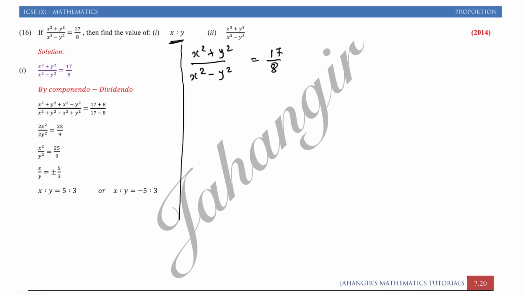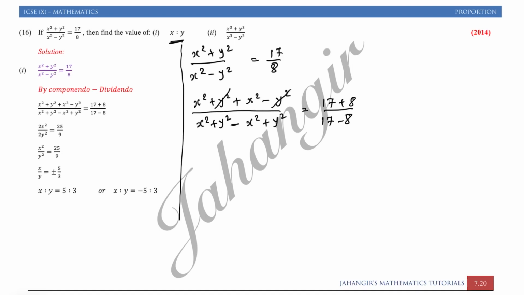I will take componendo dividendo: (x^2 + y^2 + x^2 - y^2)/(x^2 + y^2 - x^2 + y^2), changing sign, you will get 17 + 8 upon 17 - 8.